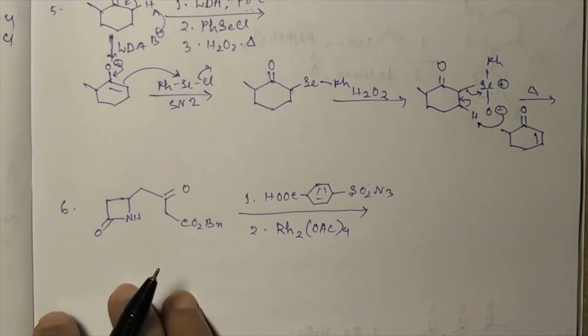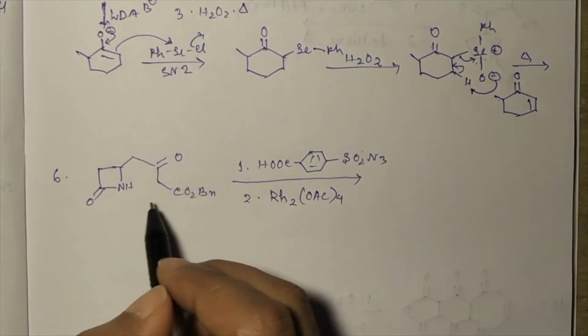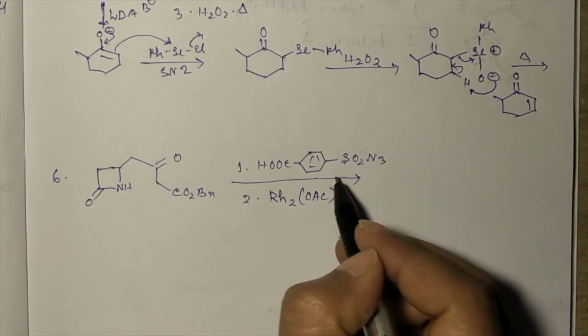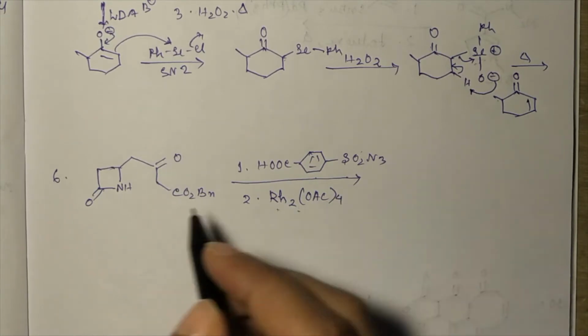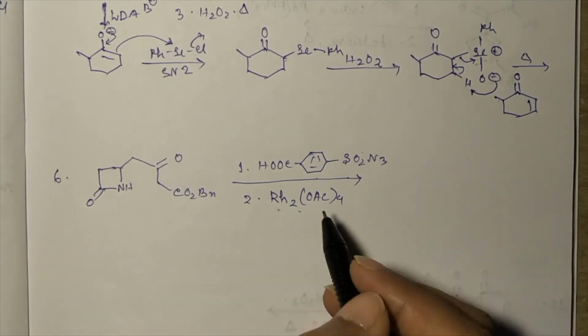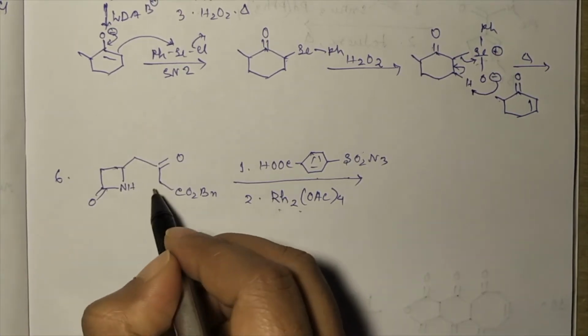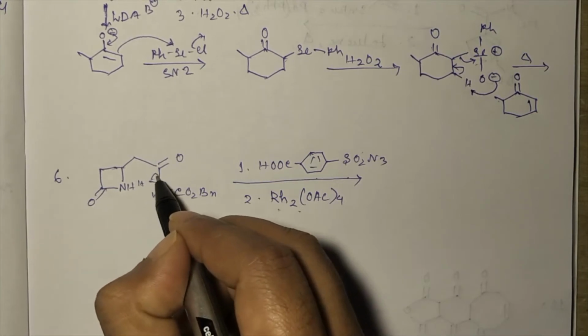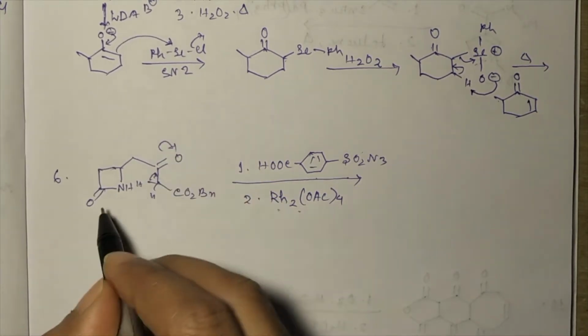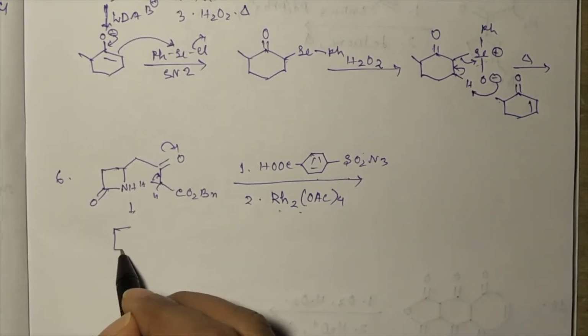Now the next question, if this is treated with this and Rh2OAc4, then what will be the product? In this reaction, what will happen? Here the two hydrogens, which are quite acidic, will undergo diazotization.